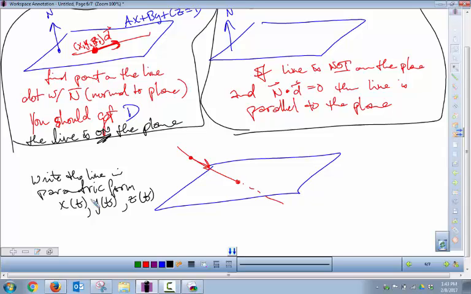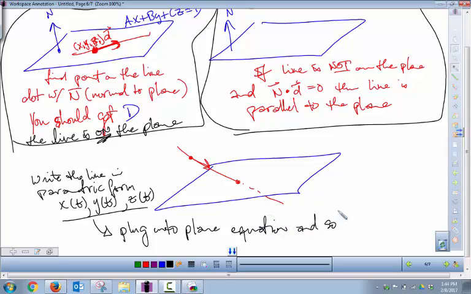Once you get those x equals, y equals, z equals, plug it into the plane. So when you plug the x equals something into the plane, then your plane would just have t's in it. And then when your plane only has t's in it, you should be able to solve for that.